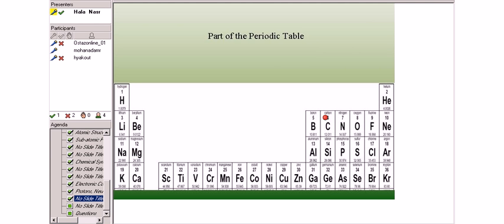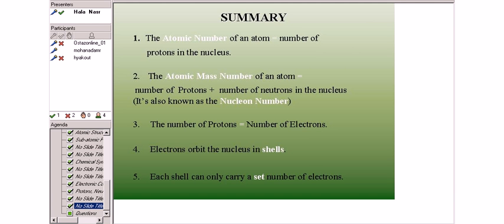Let's see the carbon. This is the smaller number, so 6 is the proton number or the atomic number. The 12 down here is the mass number. Sometimes, by the way, the mass number is known as the nucleon number because it represents the nucleus. We call protons and neutrons the nucleons, and the mass number we also call the nucleon number.